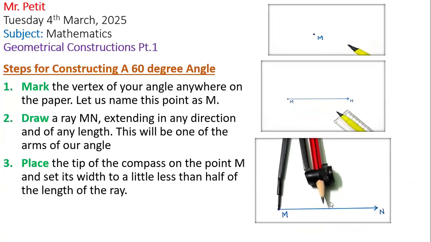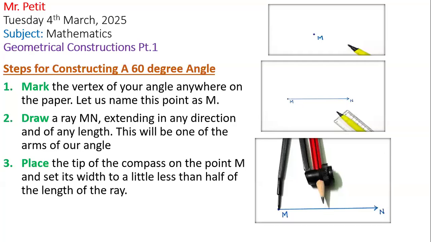Okay. Then what we do is we get our compass. We put the tip of the compass at point M and we open it such that the part of the compass that is attached to the pencil is a little less than half of this ray, which means it's about 40% of the way.